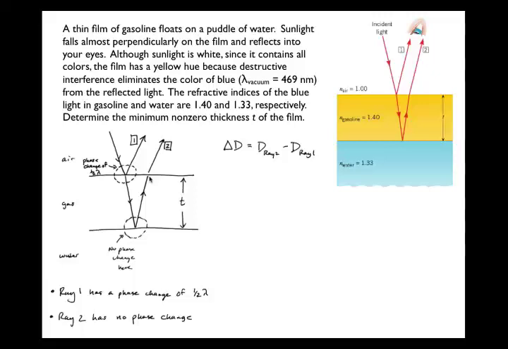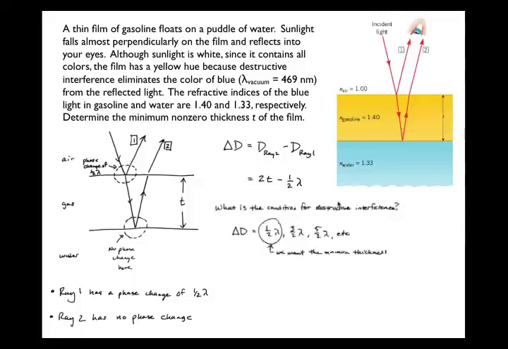So the path length difference between the two paths that light takes to reach your eye is whatever distance Ray 2 traveled minus whatever distance Ray 1 traveled. Well, Ray 2 traveled an extra distance of 2 times the thickness of the film of gasoline. Ray 1 didn't travel any extra distance, but it essentially did because it underwent a half wavelength phase shift by bouncing off the air-gasoline surface.